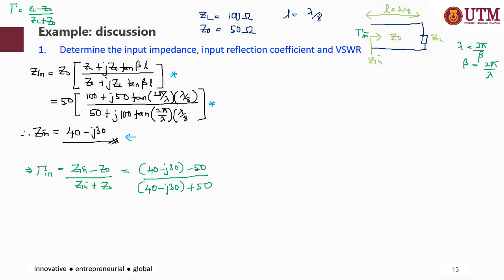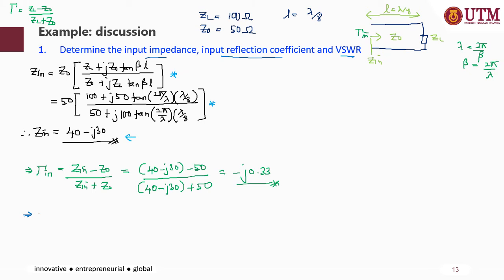So you should get your input reflection coefficient equal to negative j0.33. Okay, you haven't completed yet. Please make sure you read through the question carefully. You have 3 items to be addressed here: the input impedance, input reflection coefficient, and VSWR.